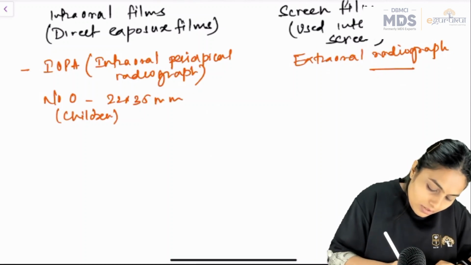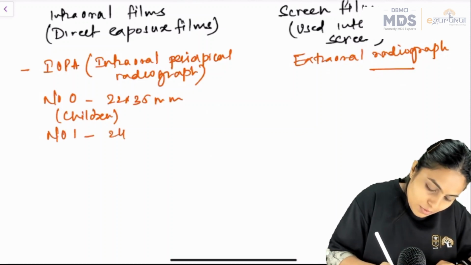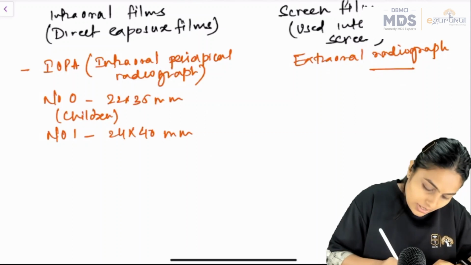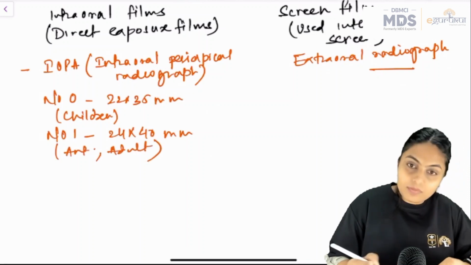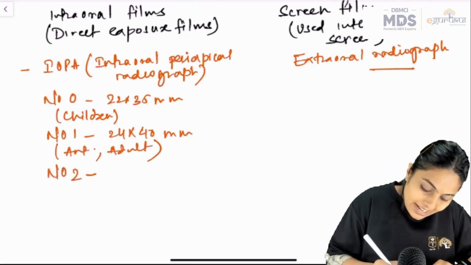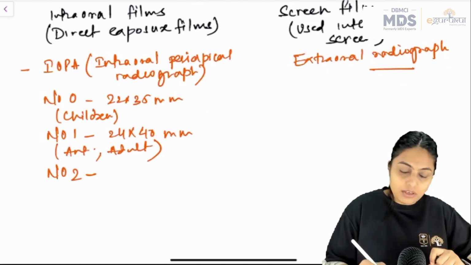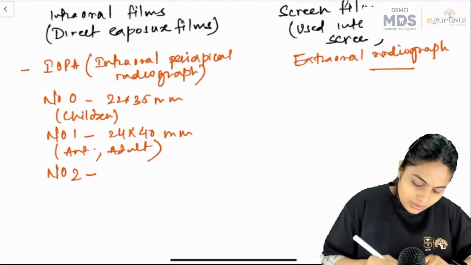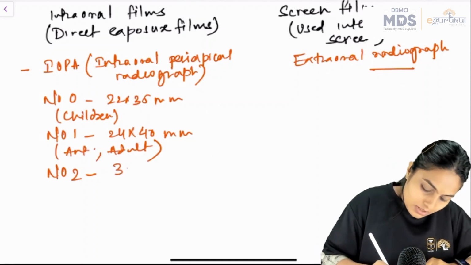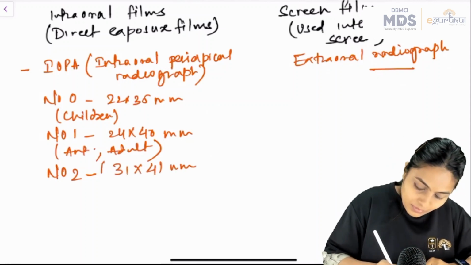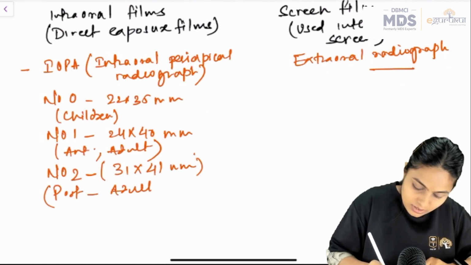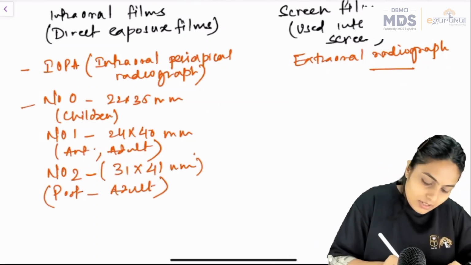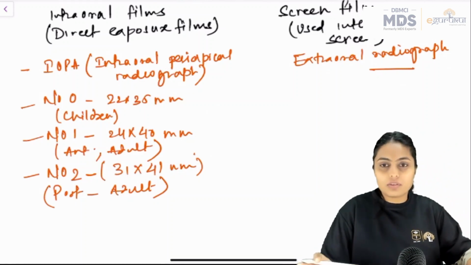Then we have number 1, which is 24 into 40 mm, for the anterior region in adults. Then we have number 2, which is standard, 31 into 41 mm, and the site is posterior, also in adults. So these are the sizes of IOPA films that we usually use.